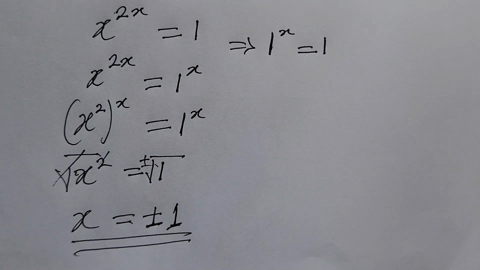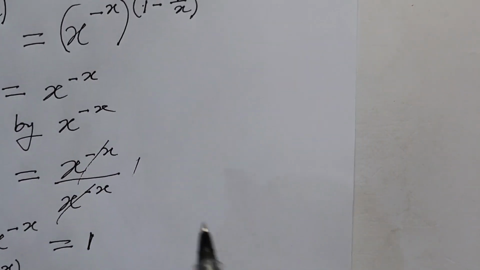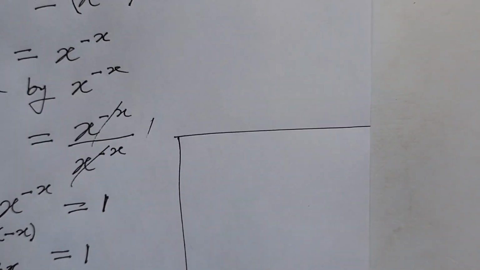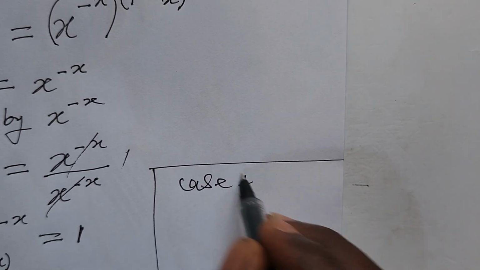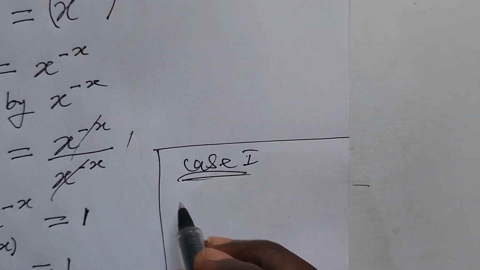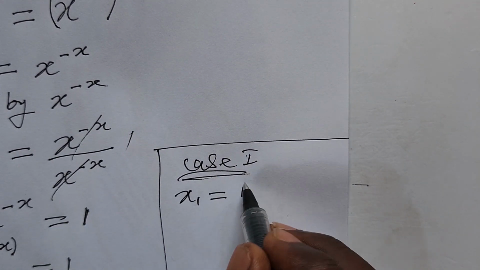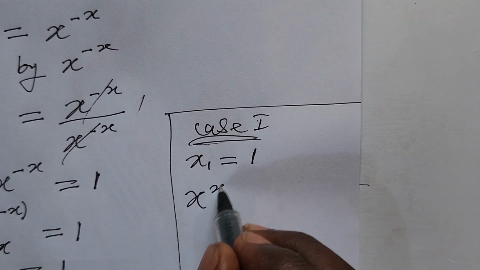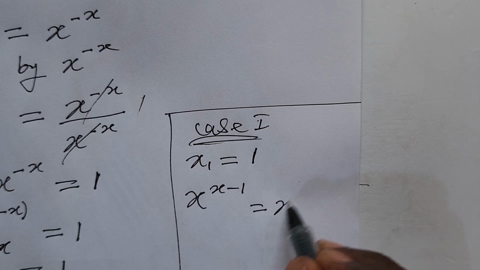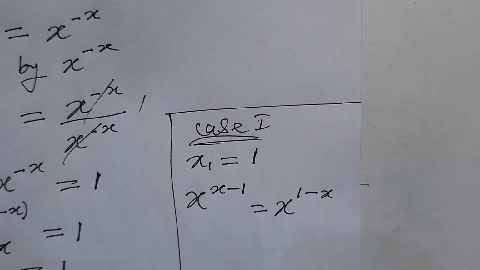But let's do a simple check if these two roots will satisfy the original equation. So we have our case 1. We have x1 equal to positive 1. Let's put it into our original equation, which is x to the power of x minus 1 equal to x to the power of 1 minus x.